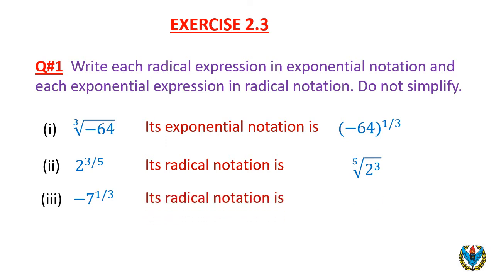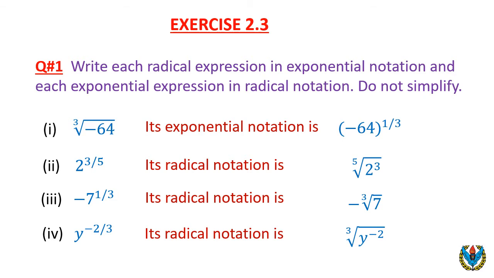Its radical notation is minus square root of 7 with index 3. Part 4 is y to the power minus 2 by 3. Dear students, its radical notation is square root of y to the power minus 2 with index 3.